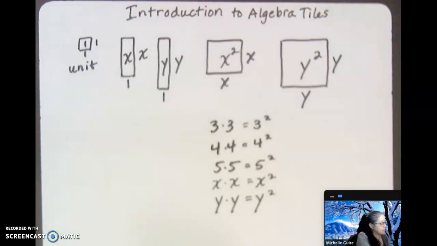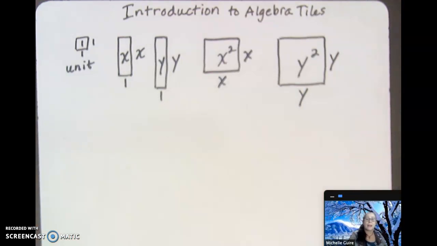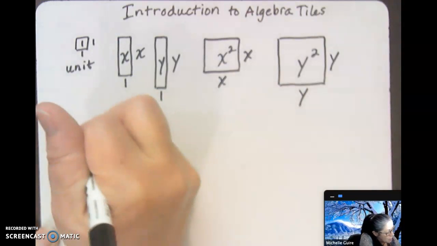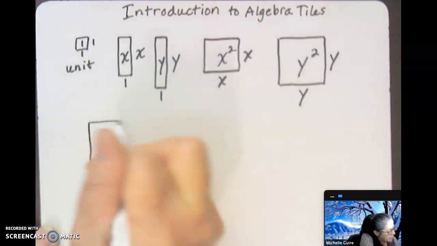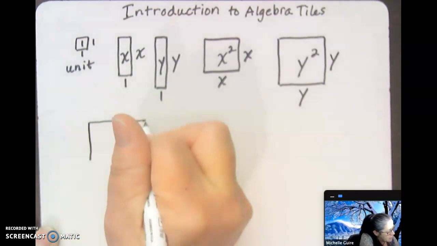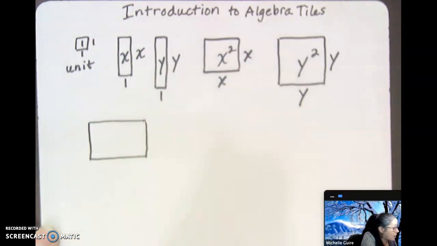Okay, so we have 1, 2, 3, 4, 5. We have one more tile to do. And this one's kind of a weird one, and we don't use it a lot, but it's good to know. So I'm going to draw this length here, and then this length here, and then down and then over. So it's not a square.